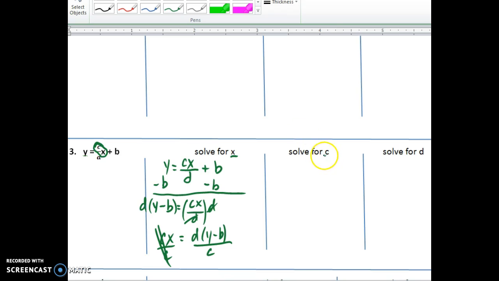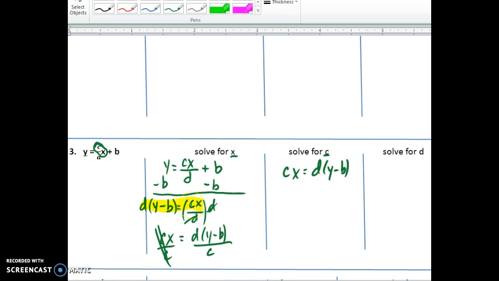Now I want to solve for c, this equation. What I think I'm going to do is go back to that equation right there, and I had cx equaled d times y minus b before.